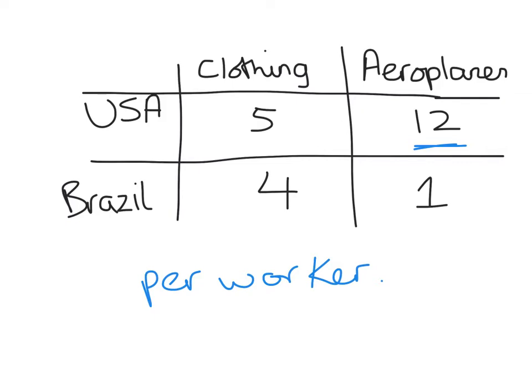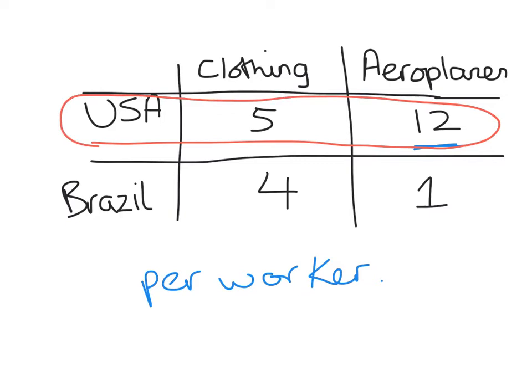So we can see here that the USA clearly has an absolute advantage over the production of both goods. So what happens in that case when they have the advantage over both goods? Well, it's not to say that they're going to produce both goods, because the law of absolute advantage focuses on the cost itself. You remember that from our last slide.